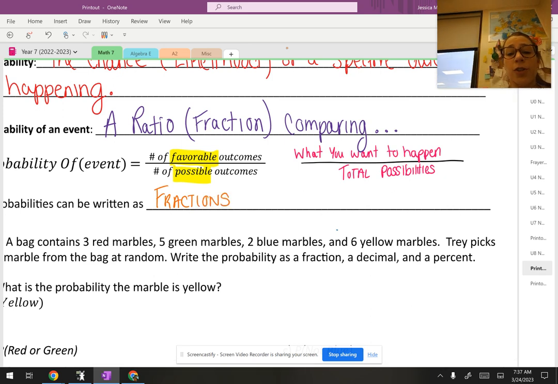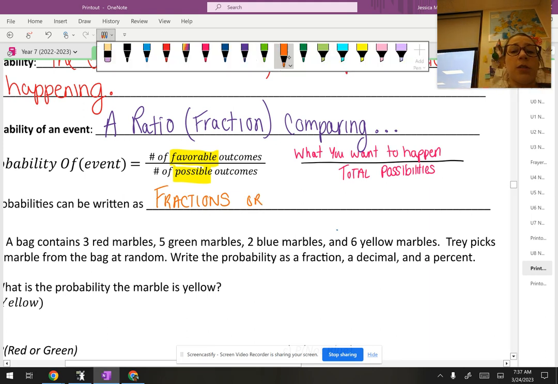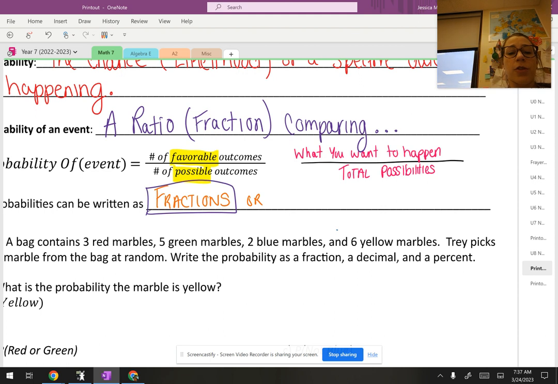Every single fraction can also be converted into, and I'm just going to box in fractions because that's the most important one. But anyway, every fraction can be converted into a decimal, and every decimal can also be converted into a percentage.